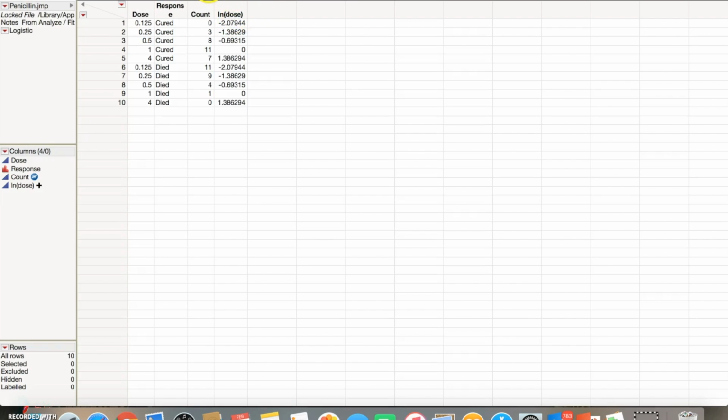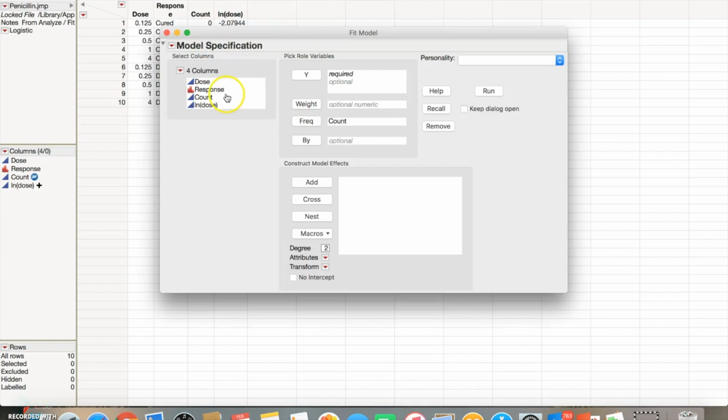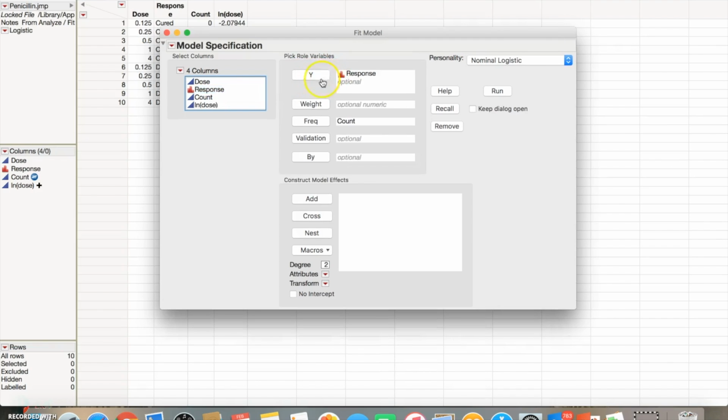So in graphing it, we're going to go to Analyze, and we're going to go to Fit Model, and this window will pop up, and you would click on Responses, which is being cured or the patient died. This is a nominal variable, so this is your dependent. And we're going to put that in your Y, and our independent would be the dosage that you're giving the patient.